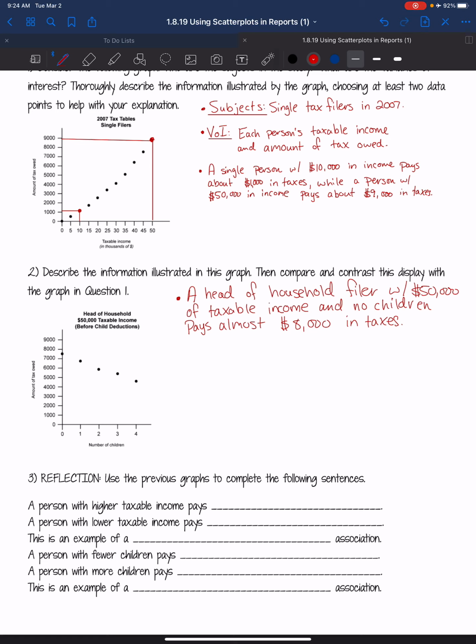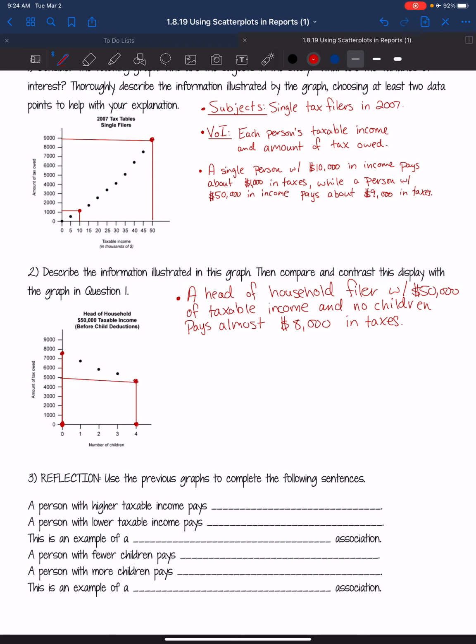And you can see, if you look at this, we've got someone who is making $50,000 with no children. So I'm marking it right here. The number of children is 0. They spend almost $8,000 in taxes. Meanwhile, if you look at someone who has 4 children, they're spending about $5,000 in taxes.